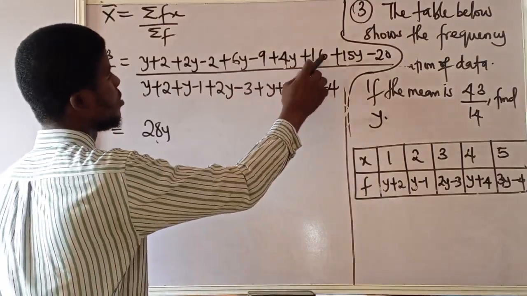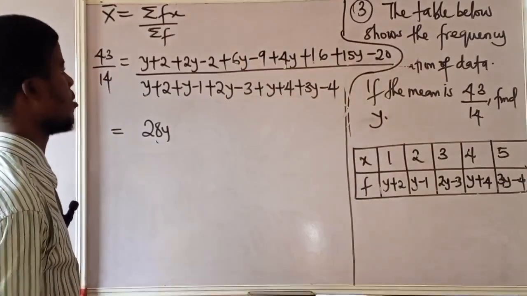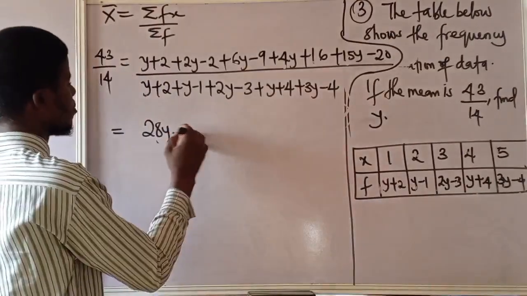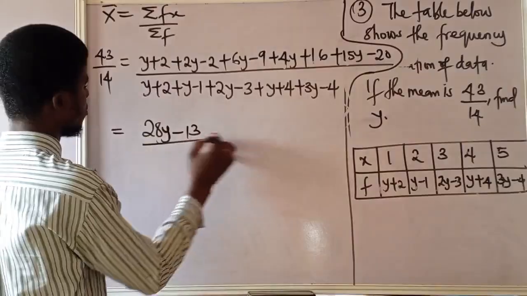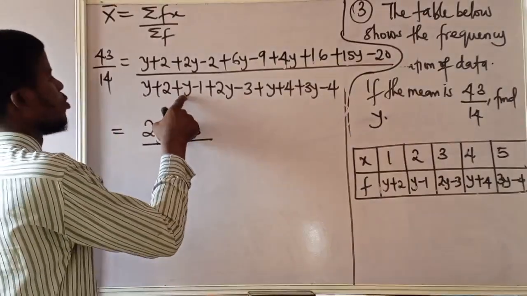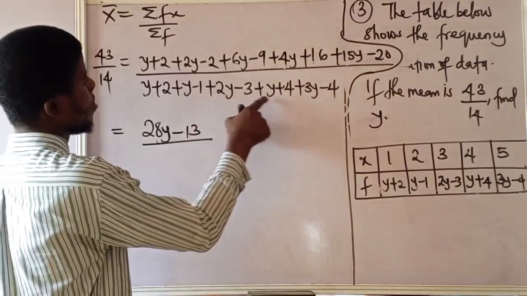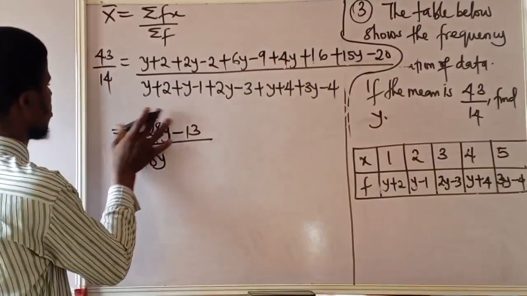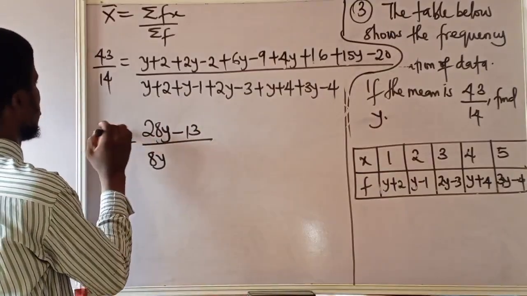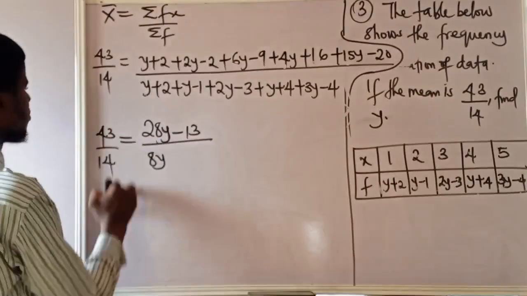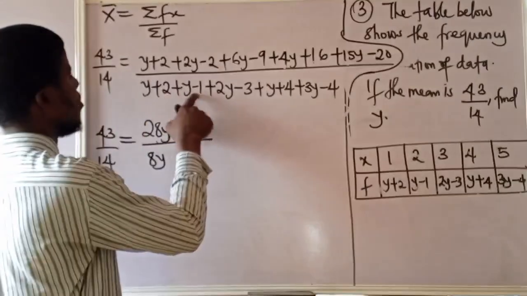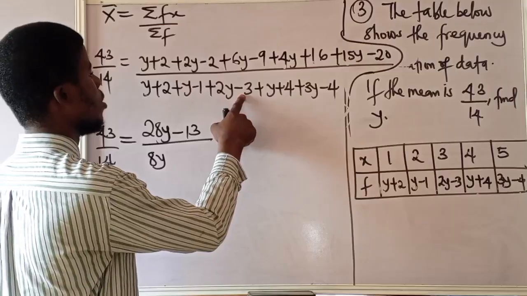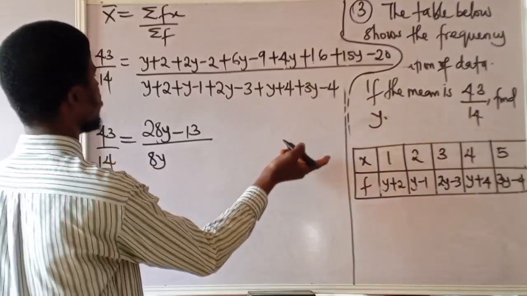Minus 9 plus 16 is 7. 7 minus 20 is minus 13. For the denominator, y plus y is 2y, plus 2y is 4y, plus this is 5y, plus this is 8y. Okay, we have 43 over 14. 2 minus 1 is 1, minus 3 is minus 2. Okay, this minus this is 0, so we have minus 2.